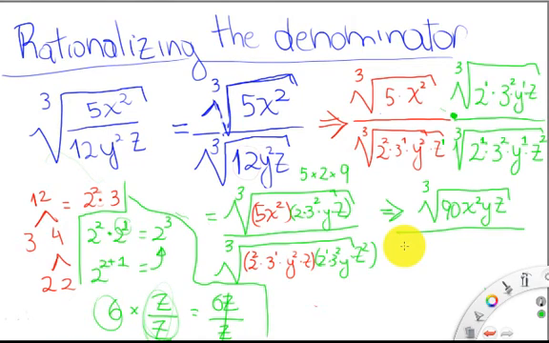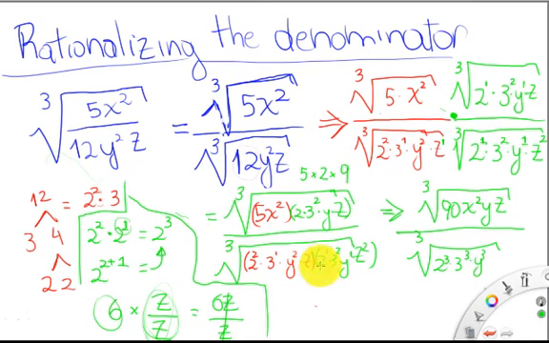Next, here's where it gets interesting. 2 to the second power times 2 to the first is 2 to the third. 3 to the first power times 3 squared is 3 to the third. Y squared times y to the first is y to the third.